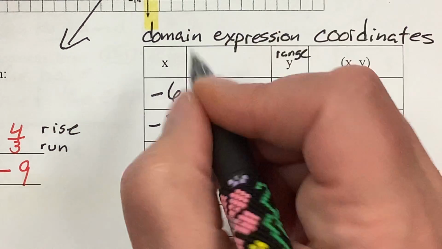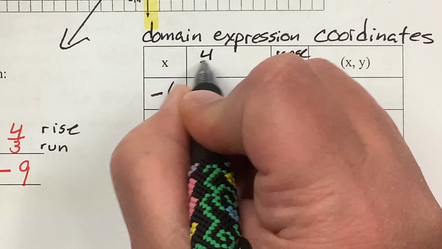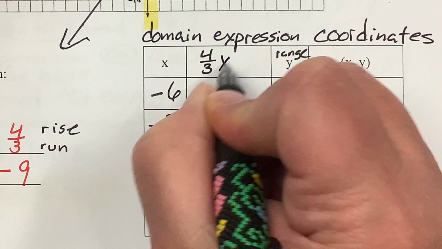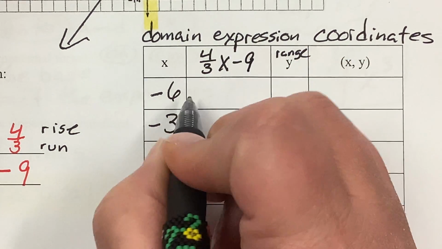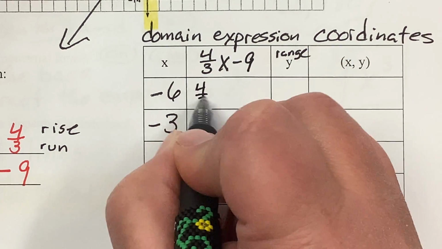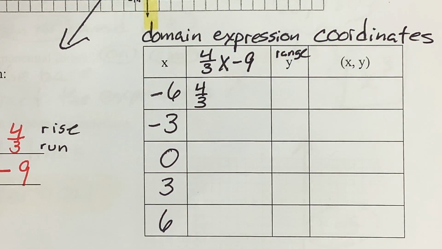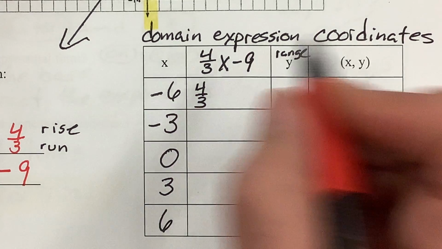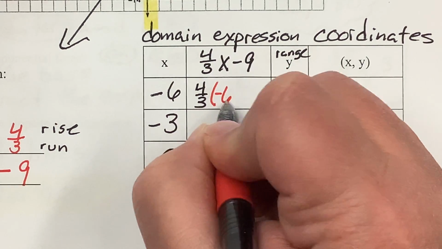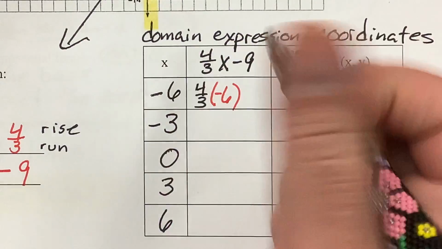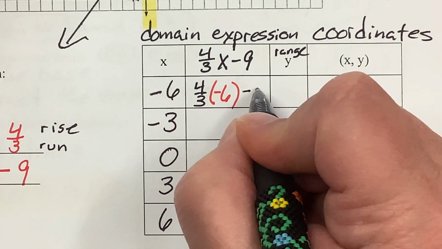And 4/3 x minus 9. So 4/3 times -6 minus 9.